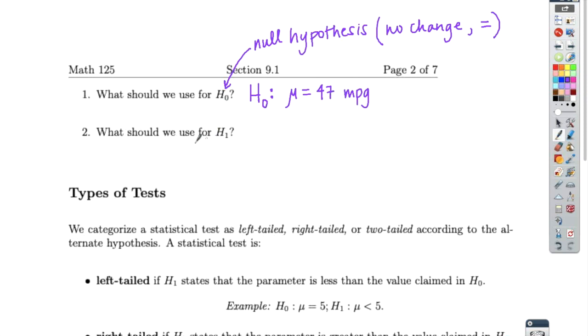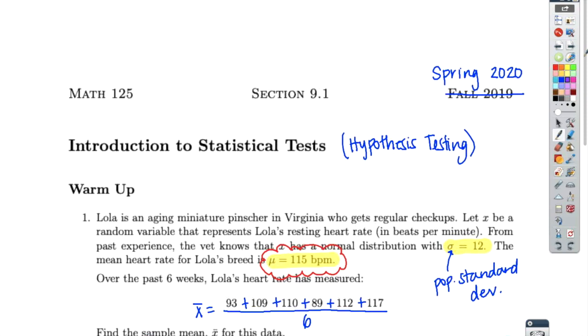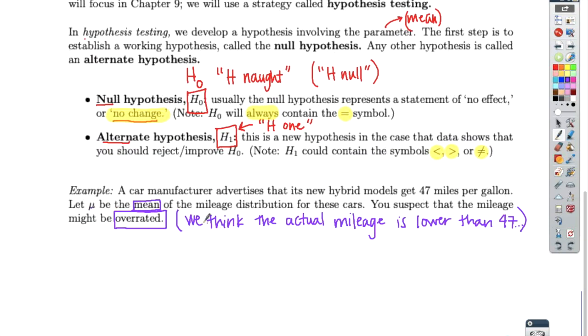Now, our alternate hypothesis, H1, is going to be a little bit different. Similar notation though. Now we're going to use a greater than, a less than, or a not equal to. Going back to what we talked about in the problem, we suspect, and I can phrase this deliberately and say, we hypothesize that the actual mean mileage is lower than 47.